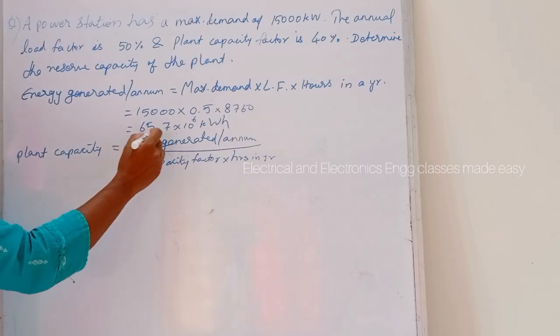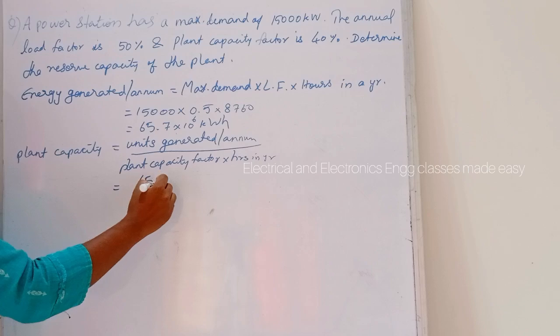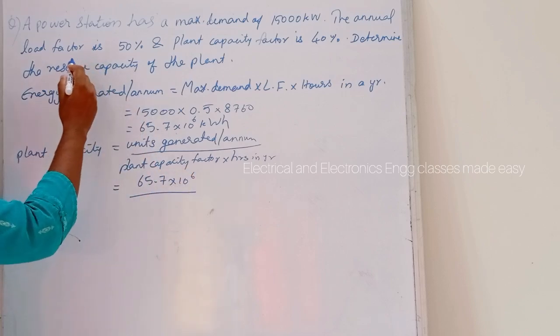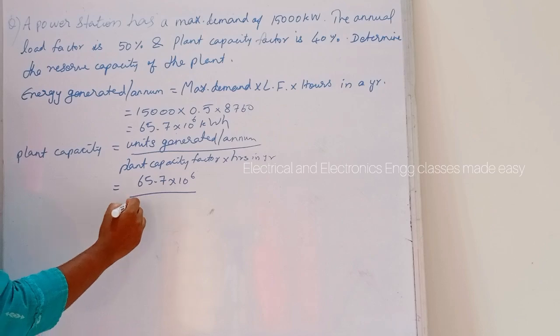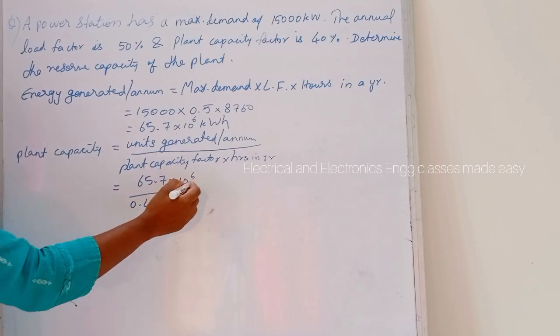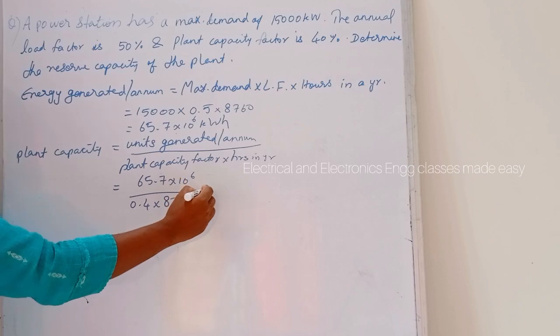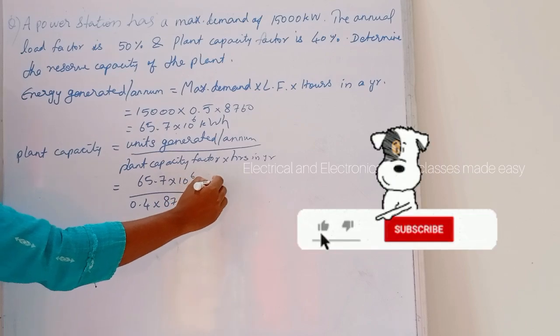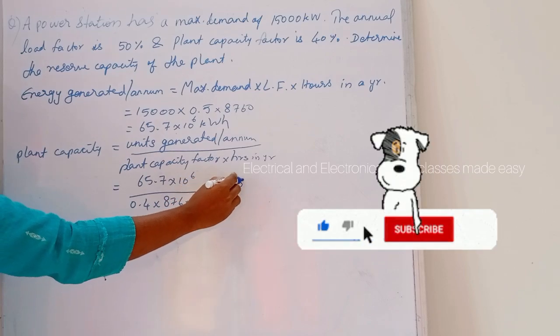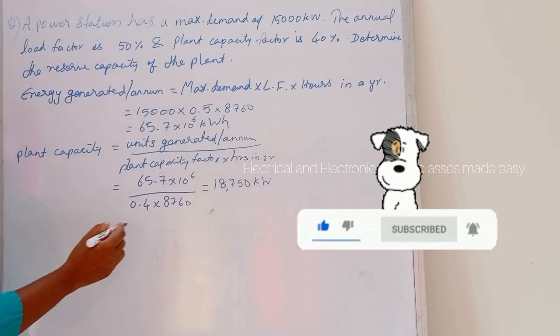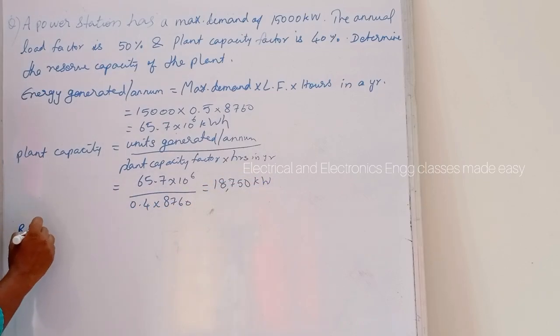So units generated is 65.7 into 10 raised to 6, divided by plant capacity factor, given as 0.4, into hours, 8,760, and we get 18,750 kilowatt.